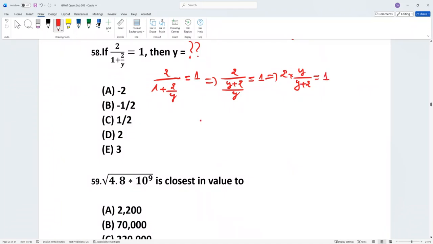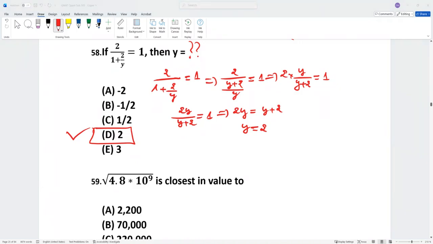And then we're going to have 2y over y plus 2 equal to 1. And then 2y equal to y plus 2. Then y is equal to 2. So answer D. This is a straightforward question.